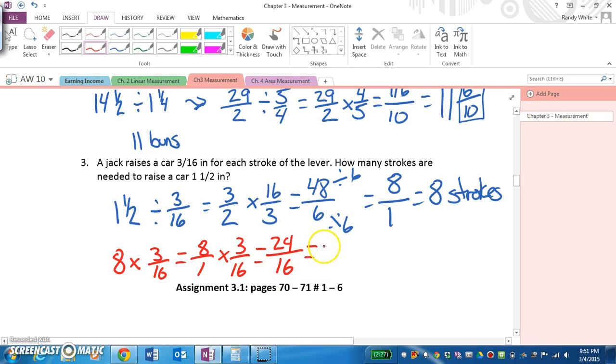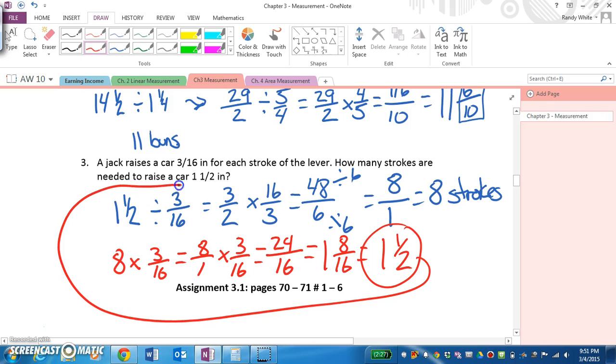So 16 goes in 24 once. I have an 8 left over out of the 16. 8/16 is the same as 1/2. And that, ladies and gentlemen, is right. So I know 8 strokes is correct.